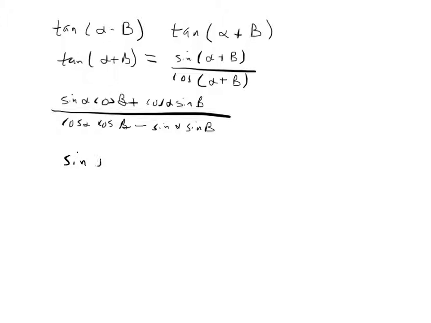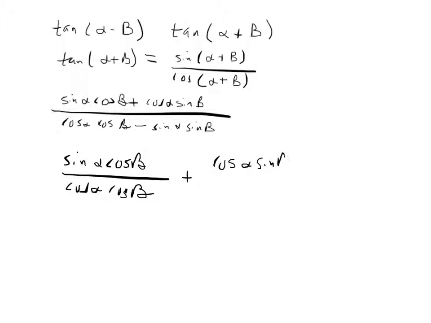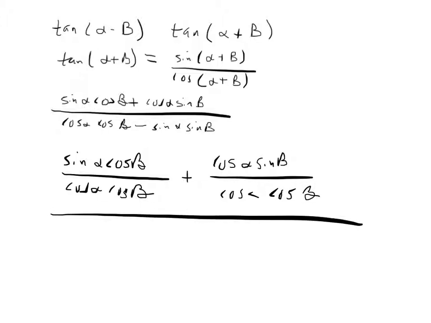So I'm going to have sine of alpha cosine of beta divided by cosine alpha cosine beta plus cosine alpha sine beta over cosine alpha cosine beta, over, now if I divide this term here by itself, I get a 1, minus sine alpha sine beta all over cosine alpha cosine beta.